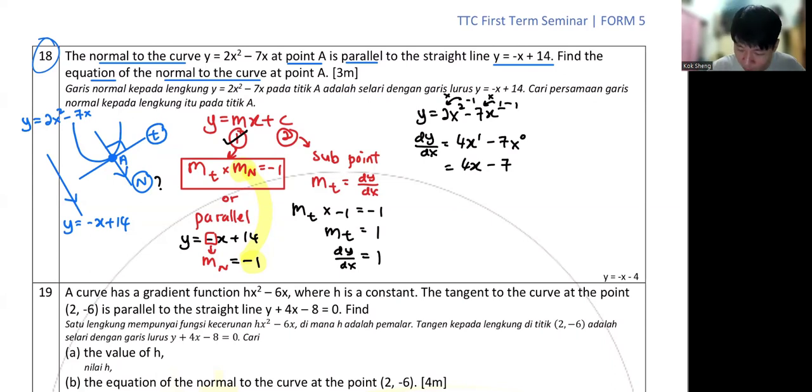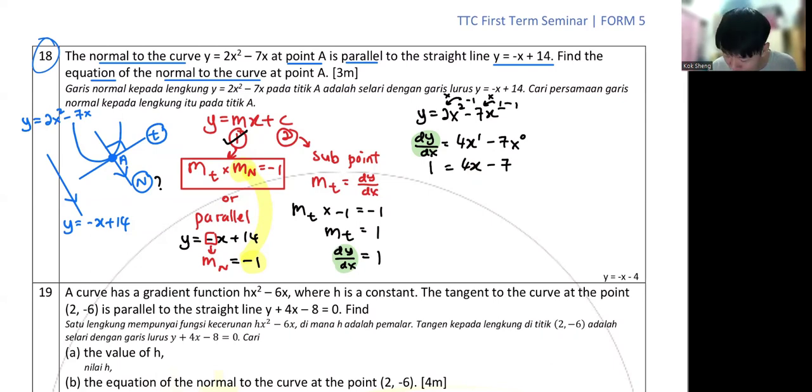So these two dy over dx are the same, so 4x minus 7 and 1 can be equated. Ta-da! Yeah, so now we can find the x. The x answer belongs to point A.